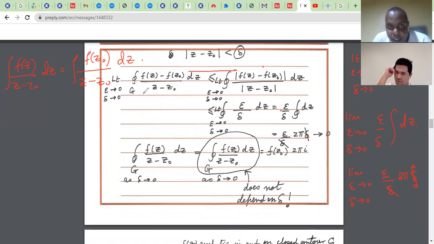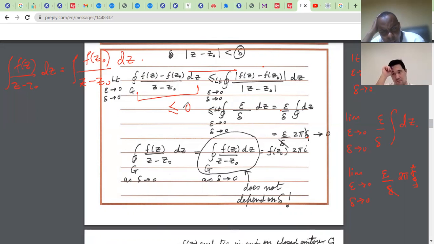So in short, they are saying that this function will be less than or equal to sigma, but because sigma is approaching 0, it will be less than or equal to 0.